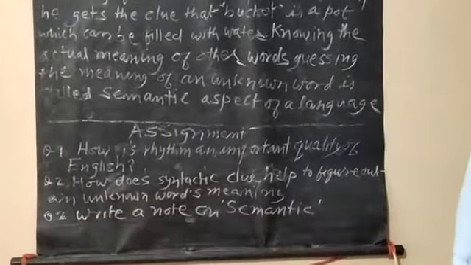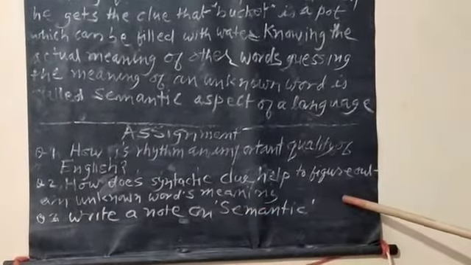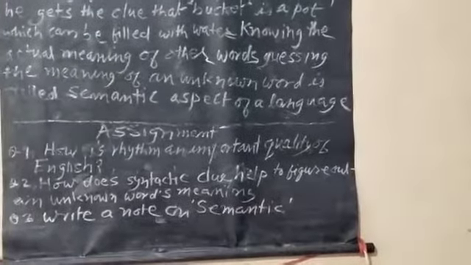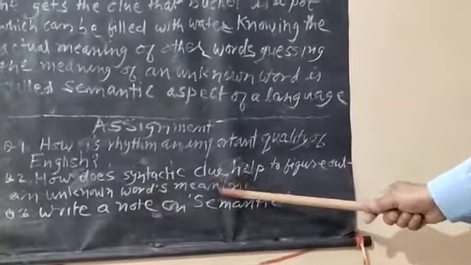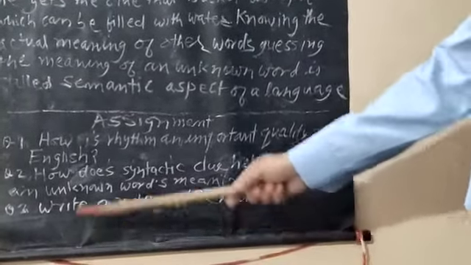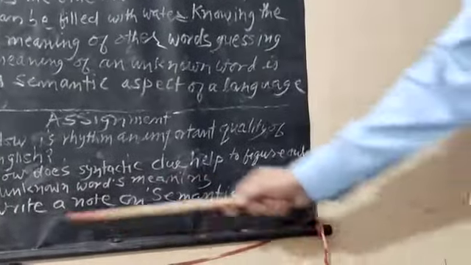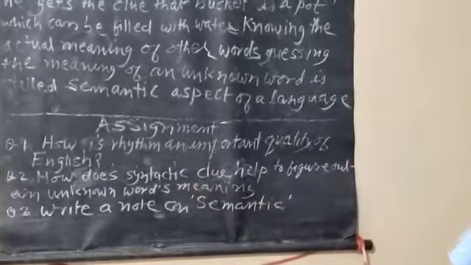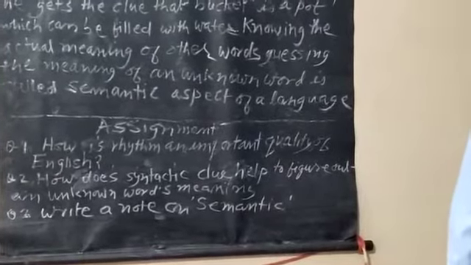Second question, how does syntactic clue help to figure out an unknown word's meaning? Figure out का मतलब understand. Figure out का मतलब मीनिंग निकालना, अर्थ निकालना. क्लू का मतलब होता है संकेत, क्लू का मतलब हिंट. तो सिंटैक्टिक क्लू की सहायता से एक अज्ञात शब्द का अर्थ कैसे निकाल सकते हैं?